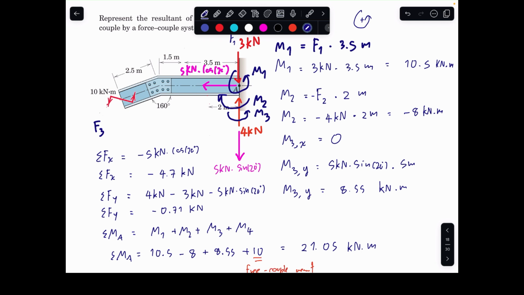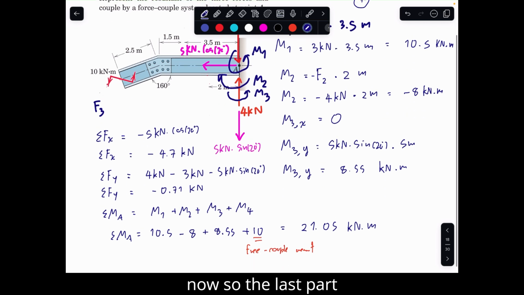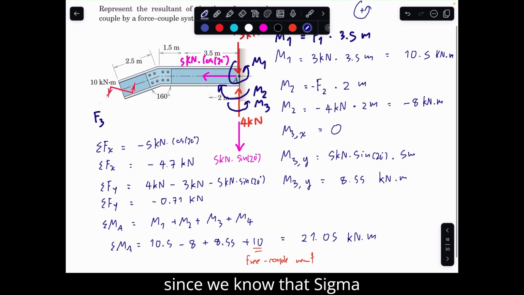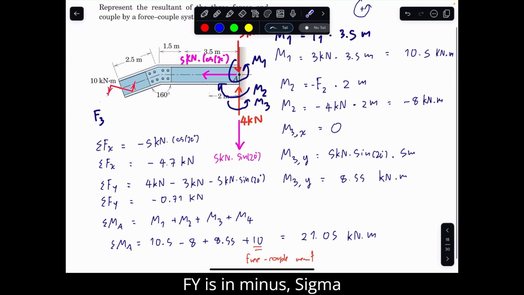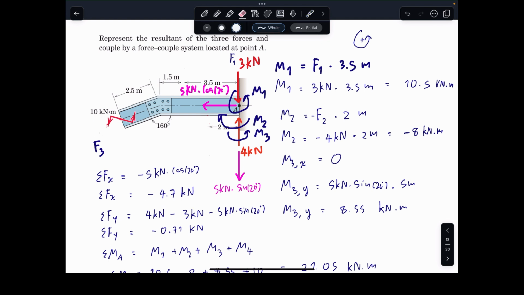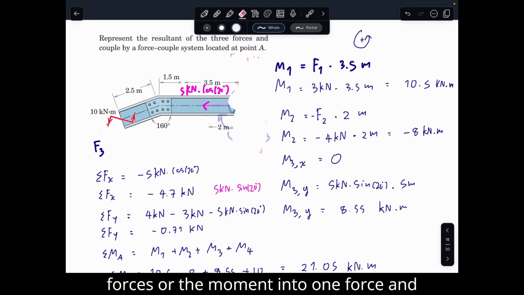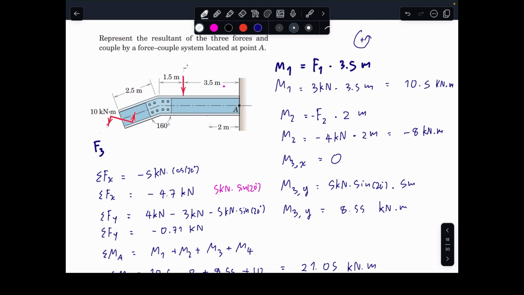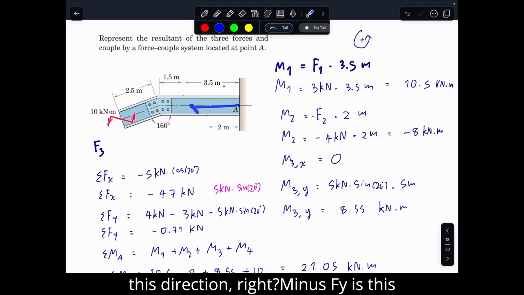Now the last part is, since we know that sigma Fy is minus and sigma Fx is minus, that means if we reduce all the forces and moments into one force and one moment, it should give us the total summation of sigma Fx and Fy in the vector manner. So minus Fx is this direction, right?